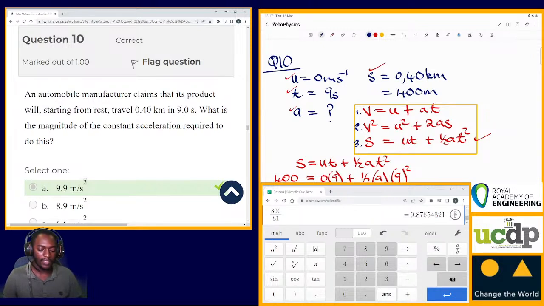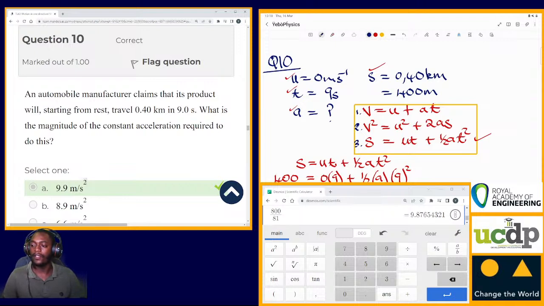We're also given the time taken for that acceleration, 9 seconds, and we're asked to calculate the acceleration. We identified the equations of motion: v is equal to u plus at; v squared is equal to u squared plus 2as; s is equal to ut plus half at squared.